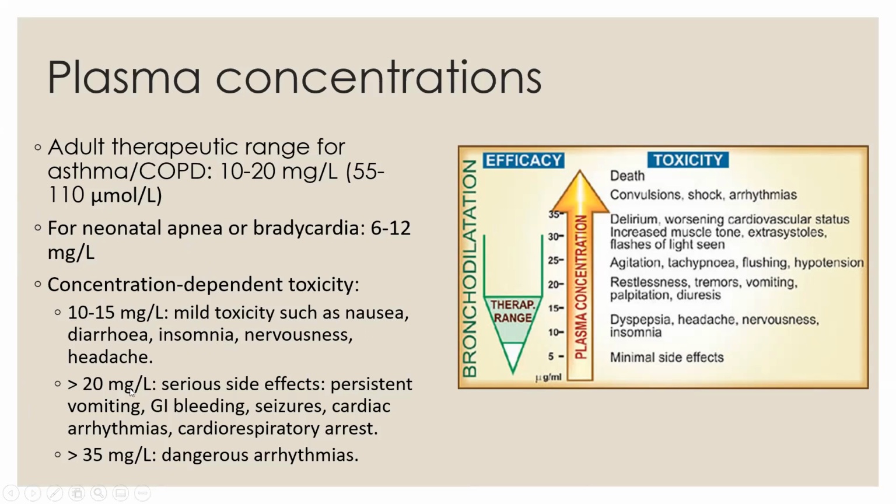And above 20 milligram per liter, it causes serious side effects such as persistent vomiting, GI bleeding, seizures, cardiac arrhythmias, and cardiorespiratory arrest. And more than 35 milligram per liter, it will cause dangerous arrhythmia.